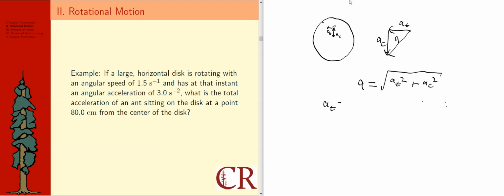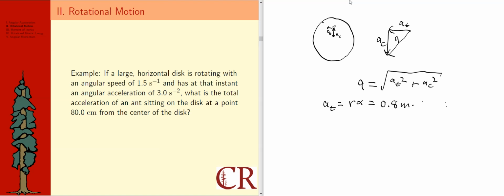The tangential acceleration is equal to the radius times the angular acceleration, and the radius is 0.8 meters. That's the 80 centimeters, because the ant is sitting at a point 80 centimeters from the center, and I'm regarding that as the radius at which the ant is located relative to the center.